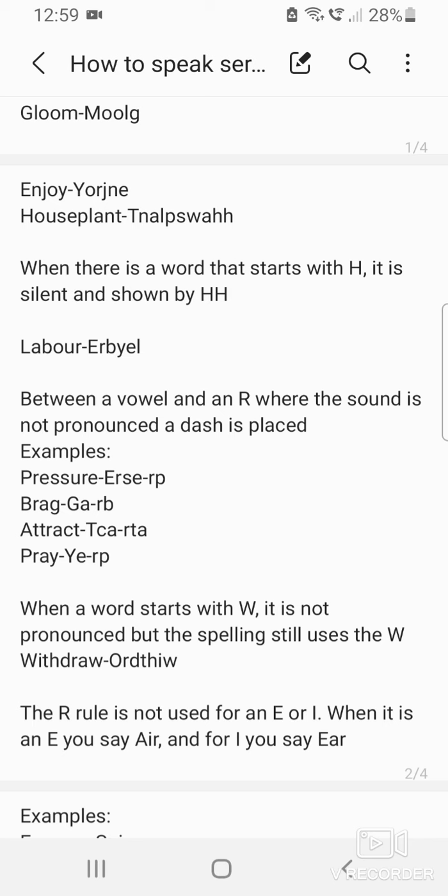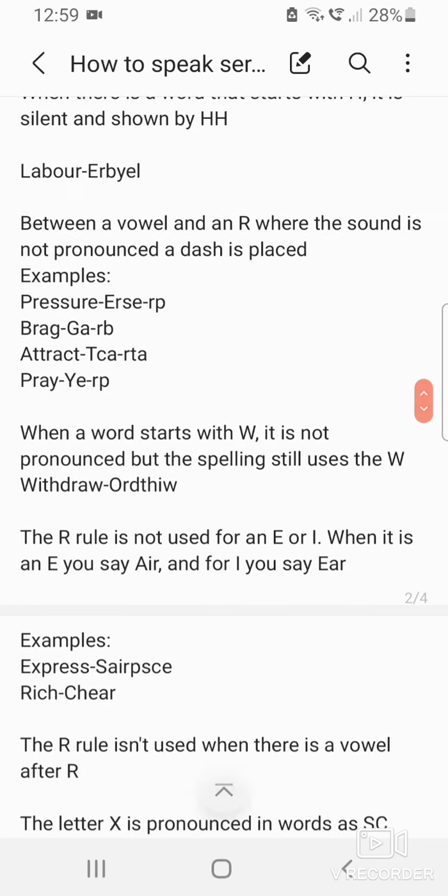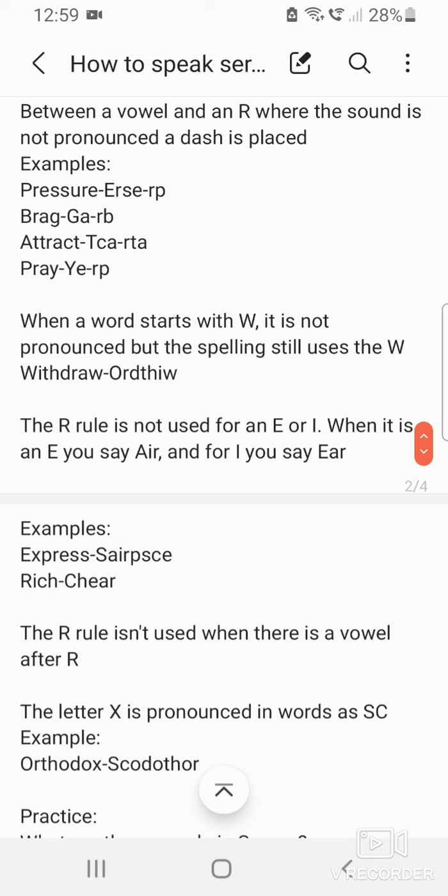And then just another example, labor would be erbiel. Then, between a vowel and an R where the sound is not pronounced, a dash is placed. I have to explain it more.